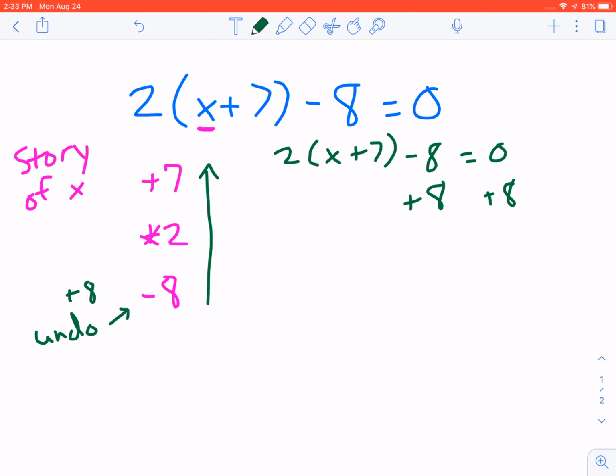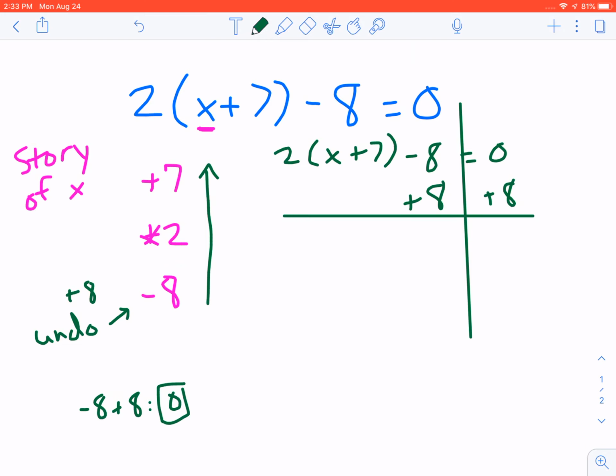I also want to put a line. Some of you might be more comfortable when you see the line splitting the equation. And so we're going to add 8 to each side. Now, I think a lot of you have probably learned that that's going to cancel this part out, but I even want to talk about why it cancels out. The reason is if I take negative 8 plus 8, the answer to that is 0, right?